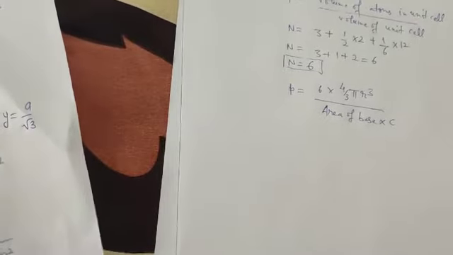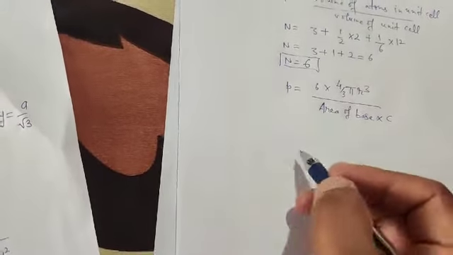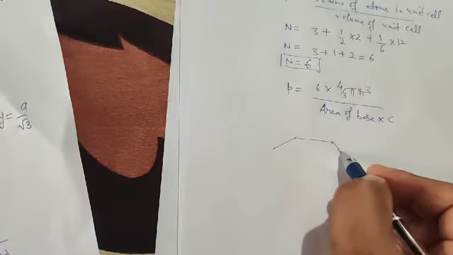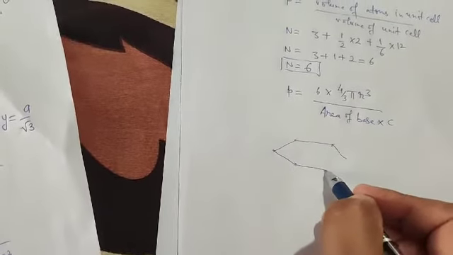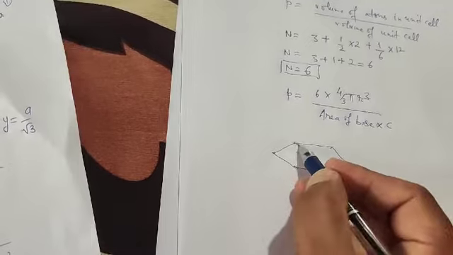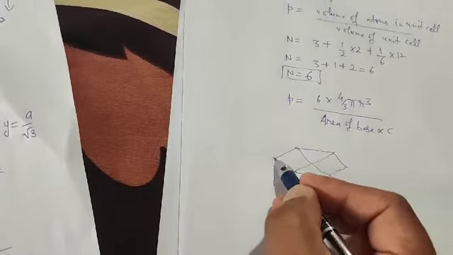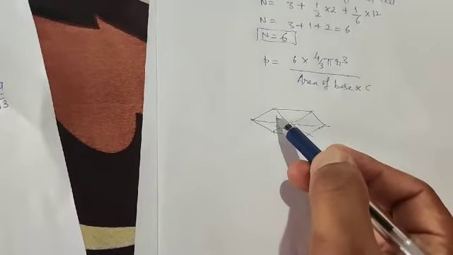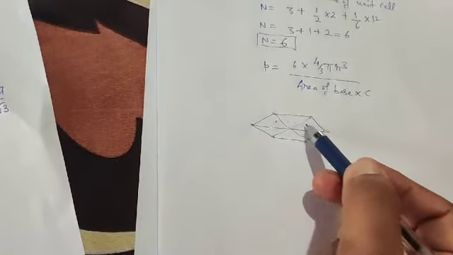So if you want to calculate the area of the base, our base is made up of 6 equilateral triangles, 1 2 3 4 5 6.